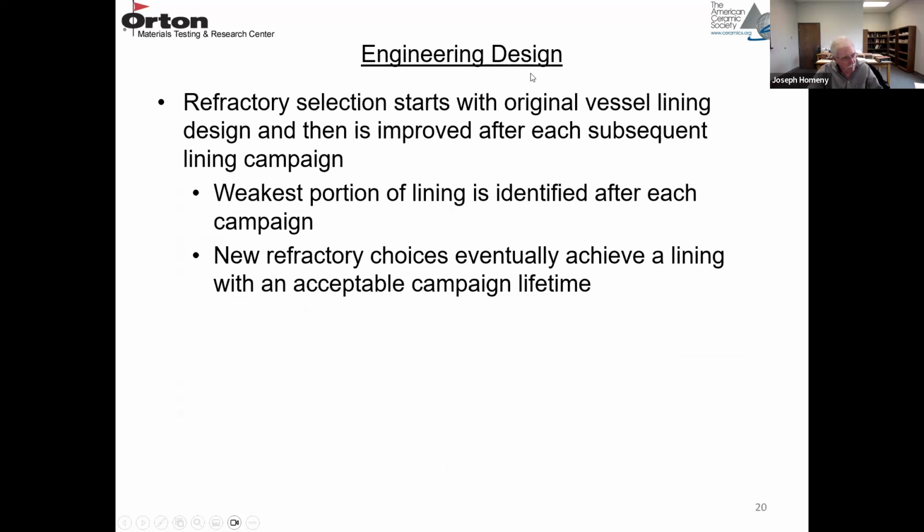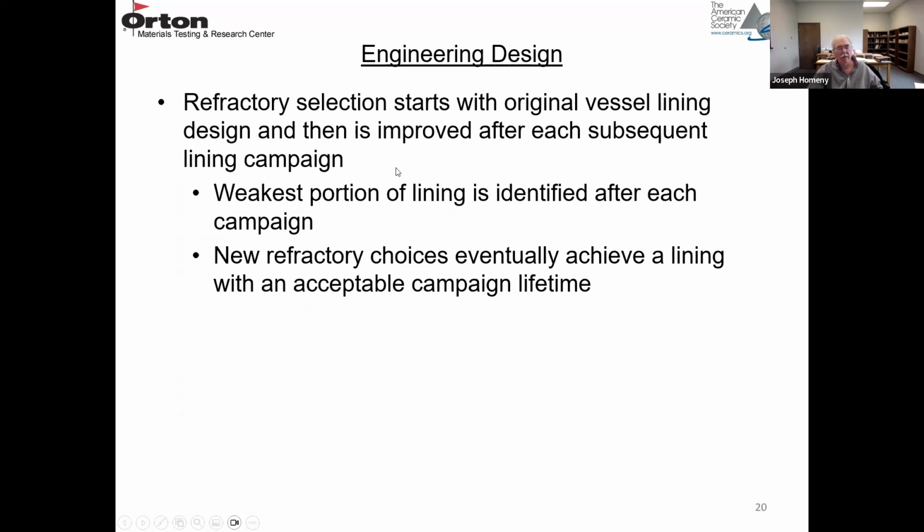So in terms of engineering design, the type of refractory that's selected is going to be a function of the vessel that's being used for the particular application.